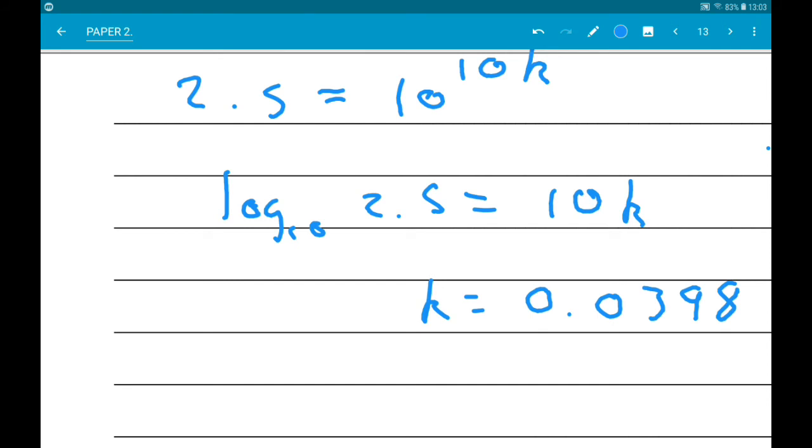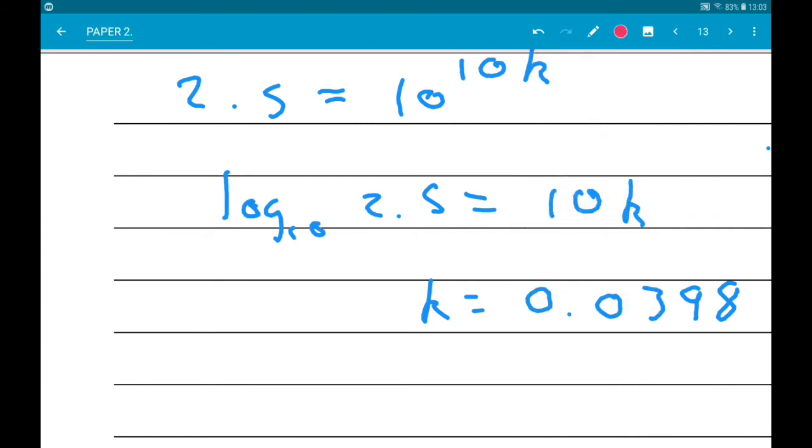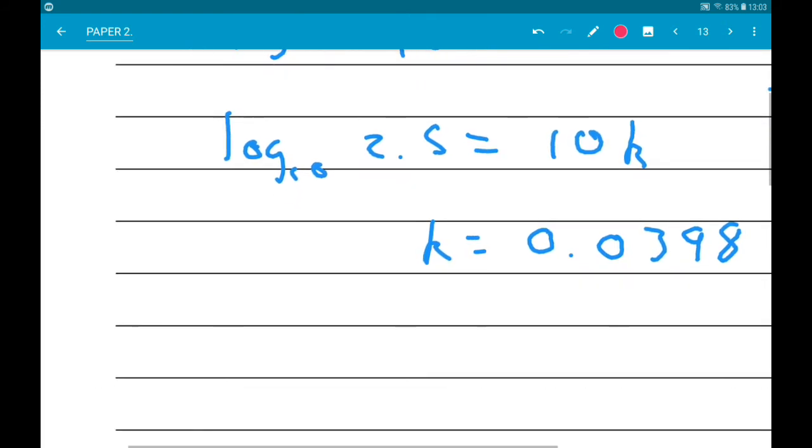Okay, so now to find A, we can use one of the initial values again. So I'm going to use theta is 30, t is 10.